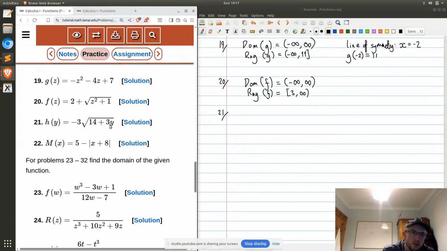And therefore we don't want y to be anything less than negative 14 over 3. All right, so the domain of h will be anything greater than or equal to negative 14 over 3.